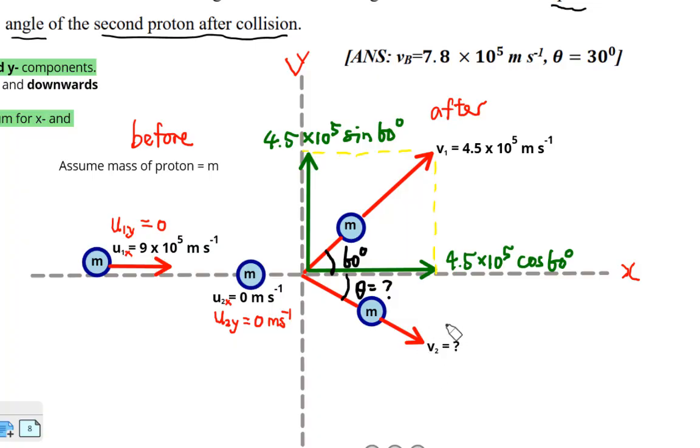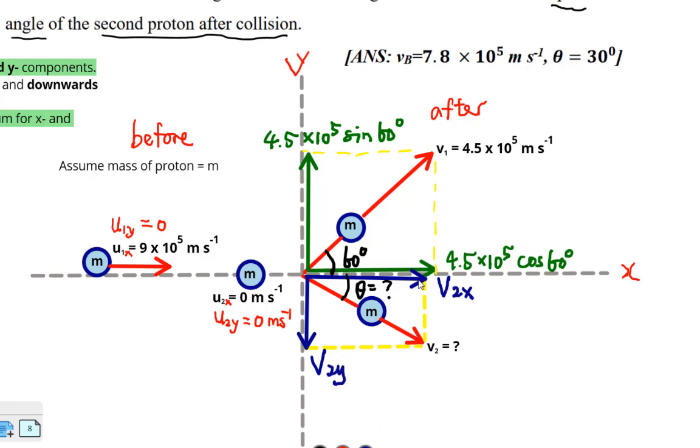And similarly for v2, I can break it down into component x and also component y, so I'm going to have v2x and v2y.